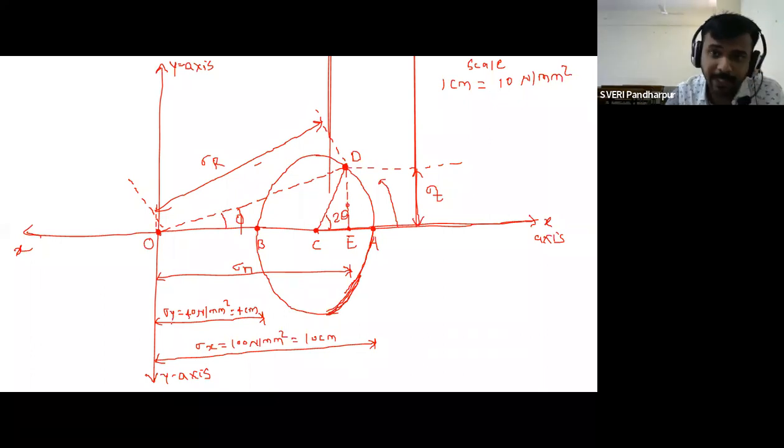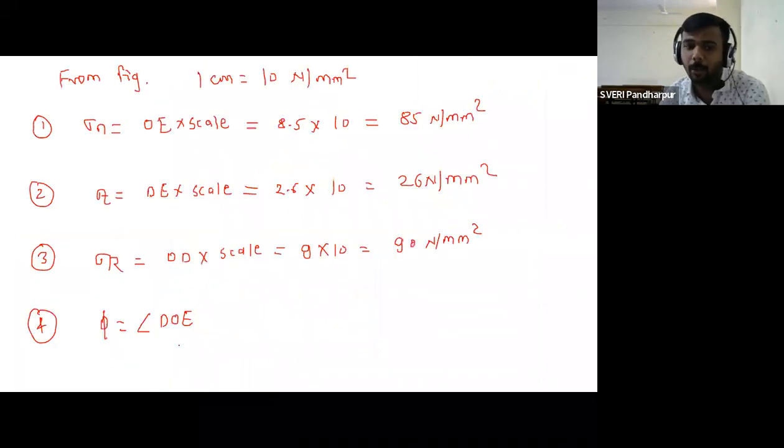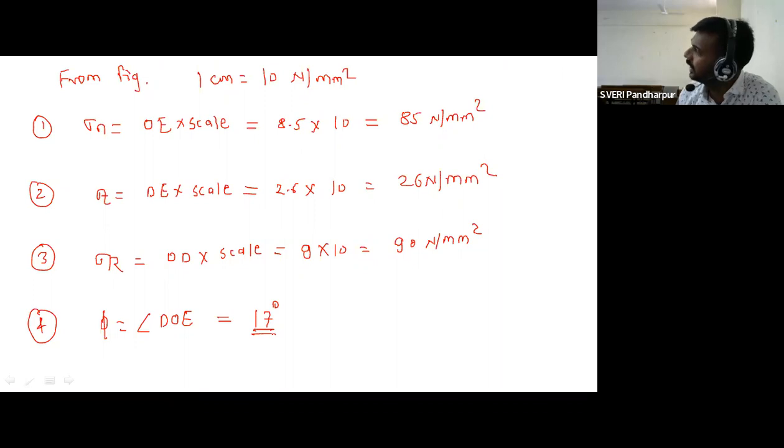Correct. 17 is the angle of obliquity. Please check your answer. So tomorrow you come with that protractor and once again measure the angle, or you can measure it at your home, whether it is coming 17 or 18.